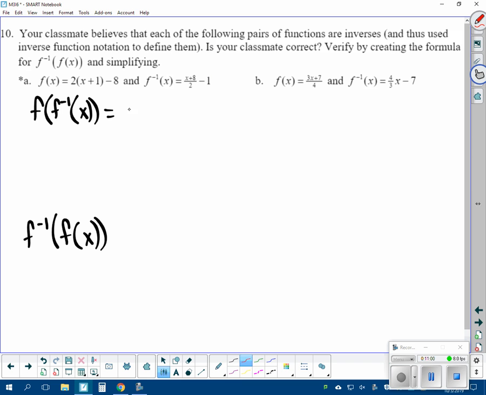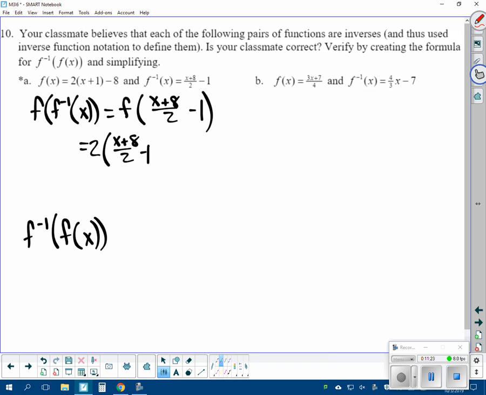Okay, so let's check. This one, you're working from the inside out, so you're first going to have (x plus 8) over 2 minus 1. You are going to take that and plug it in where? X plus 8 over 2 minus 1. Guess I should use a bracket there. Plus 1 minus 8.